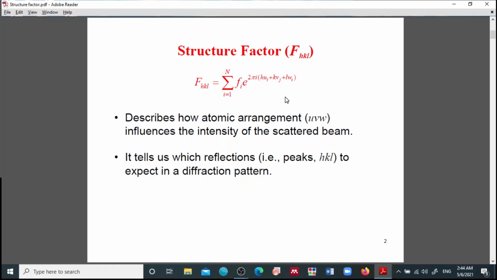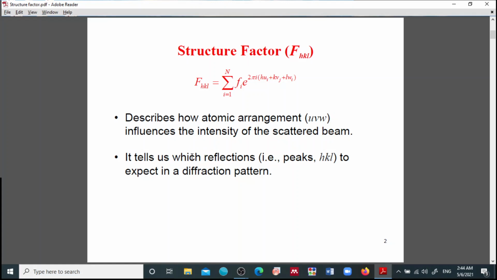So it means that this structure factor depends upon the atomic arrangements, as I told you, and these are the uvw coordinates, and this influences the intensity of the scattered beam.